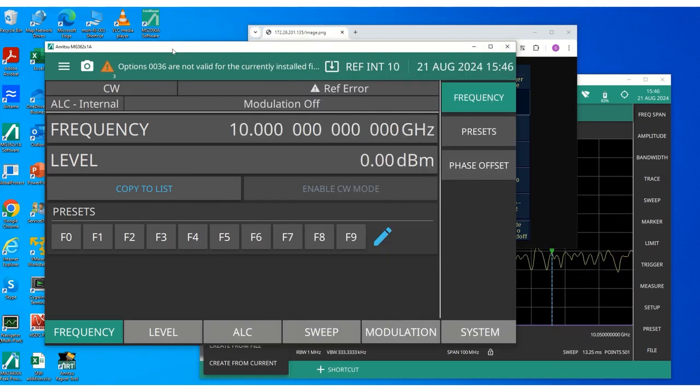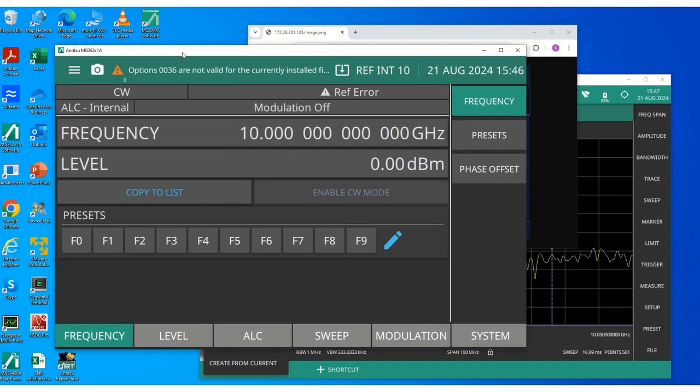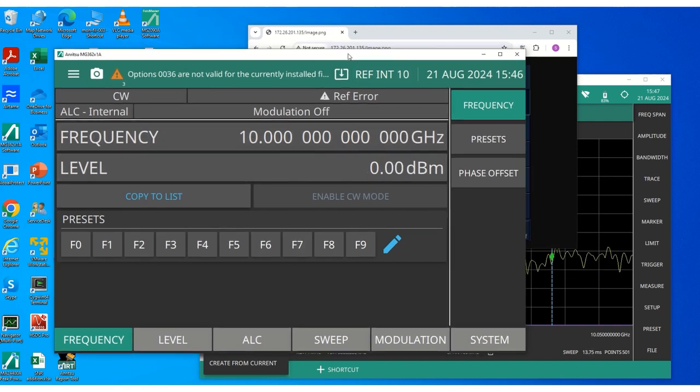So let's come back to the Rubidium GUI. We will start with configuring the pulse modulation as I had described in my portion of the video where I was explaining conceptually how we can generate a CHIRP.